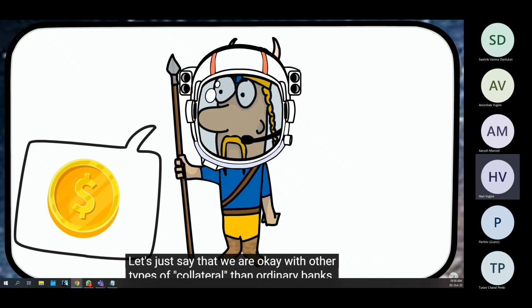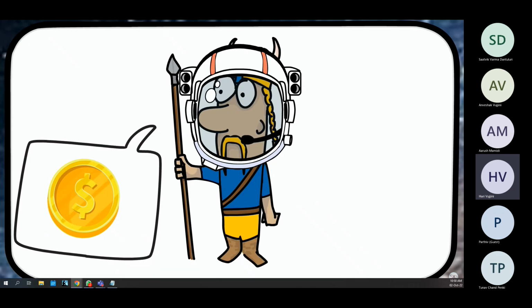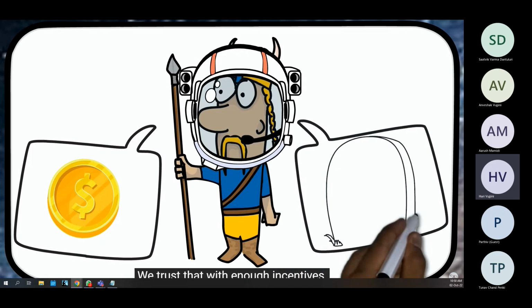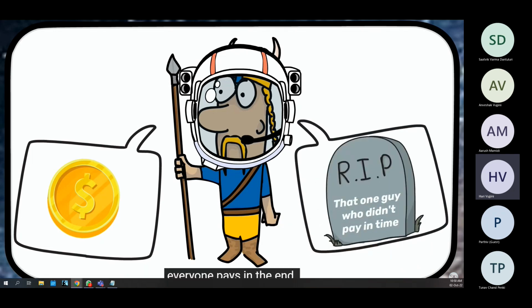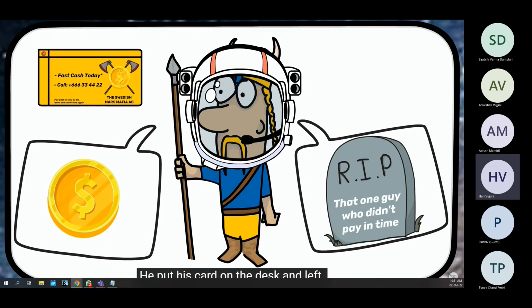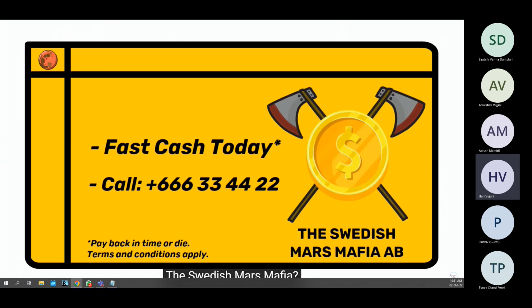Let's just say that we're okay with other types of collateral than ordinary banks. We trust that with enough incentives, everyone pays in the end. He put his card on the desk and left. The Swedish Mars Mafia? Huh. Bob hoped he wouldn't have to deal with those guys.